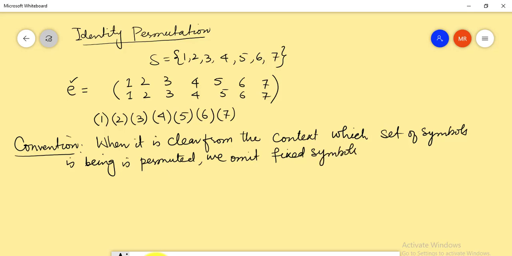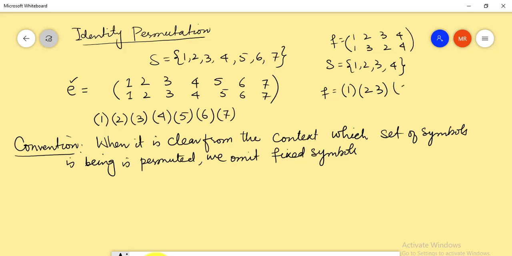For example, I have 1, 2, 3, 4, with 1 to 1, 2 to 3, 3 to 2, and 4 to 4. If I know that the set S in this case is 1, 2, 3, 4, the cycle representation of this permutation, say F, is 1, then 2 to 3, 3 to 2, and 4.